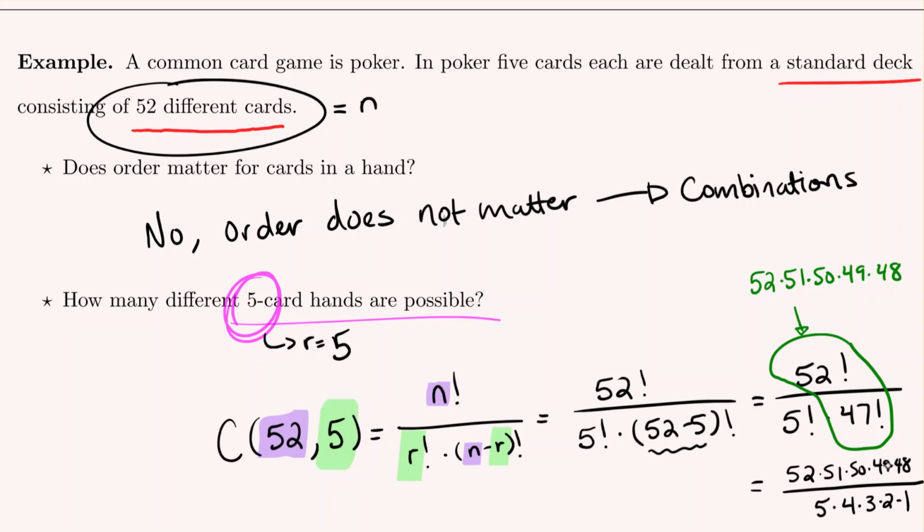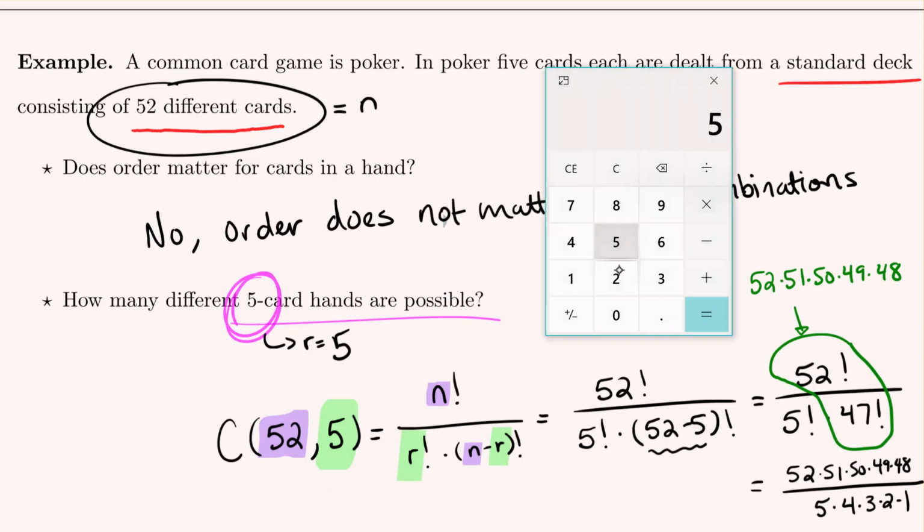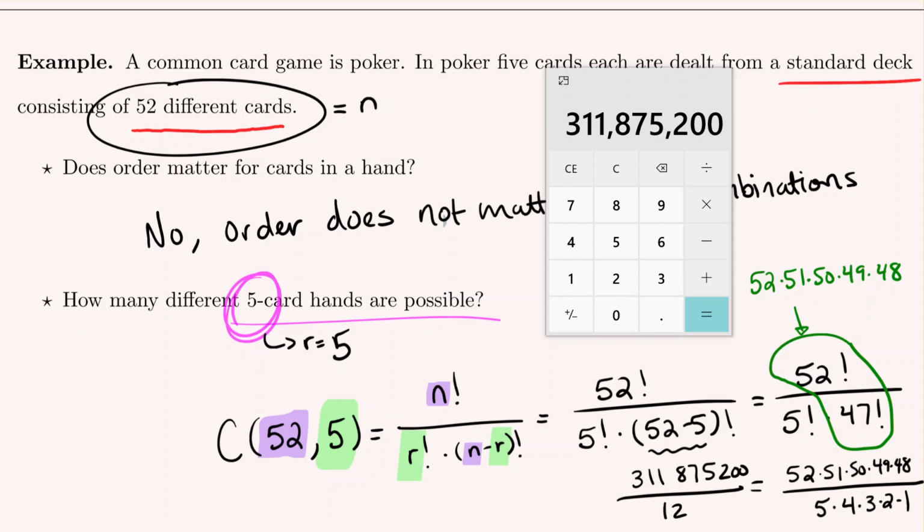And I think this will be small enough that we can calculate this out. So I have 52 times 51 times 50 times 49 times 48. So I'll write that carefully. Divided by 5 times 4 times 3 times 2 times 1, I know is 120.